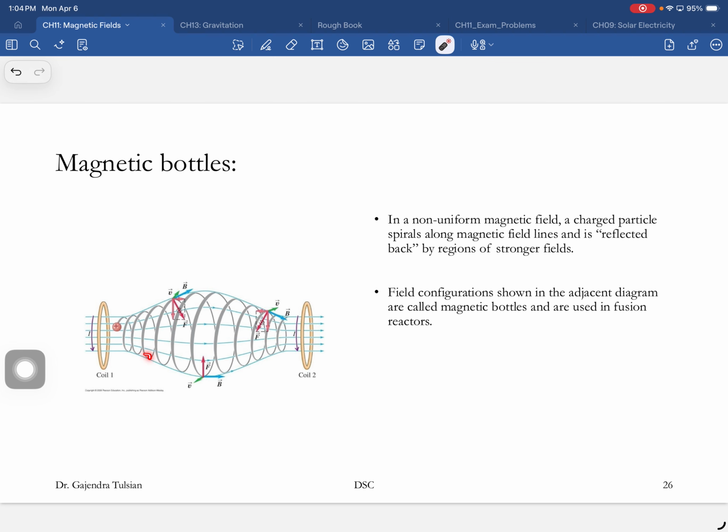And why do we care about this? You can take hydrogen nuclei, protons, heat them up to billions of degrees Kelvin, and trap them in these magnetic bottles. They will never hit the wall and vaporize it. So you can use them in fusion reactors. This is called a magnetic bottle.